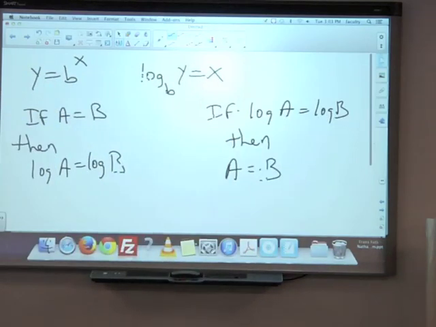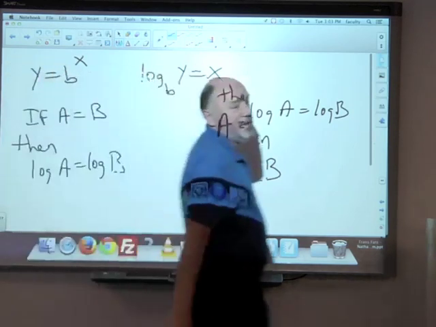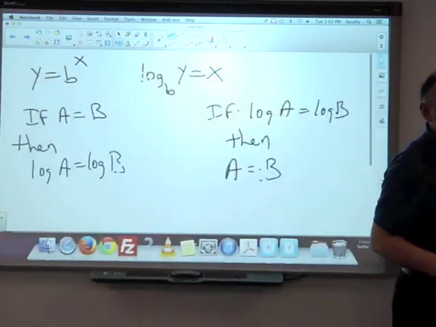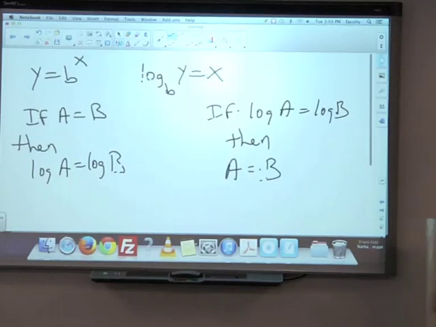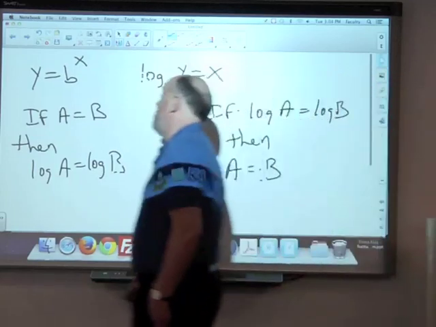So, properties of logarithms. First off, being able to either expand or contract a logarithm, making use of those three properties: product rule, quotient rule, and the power rule.